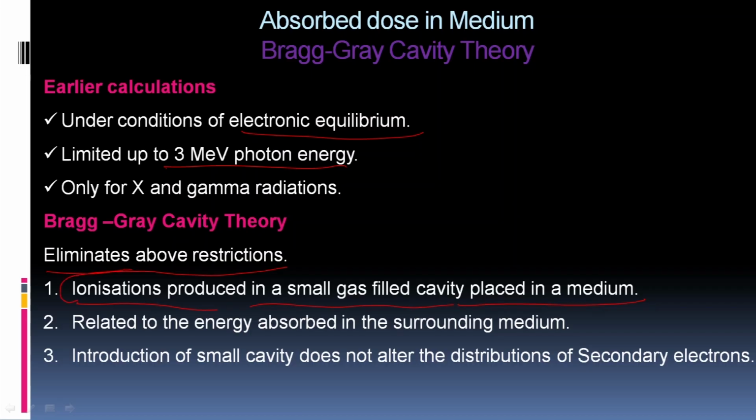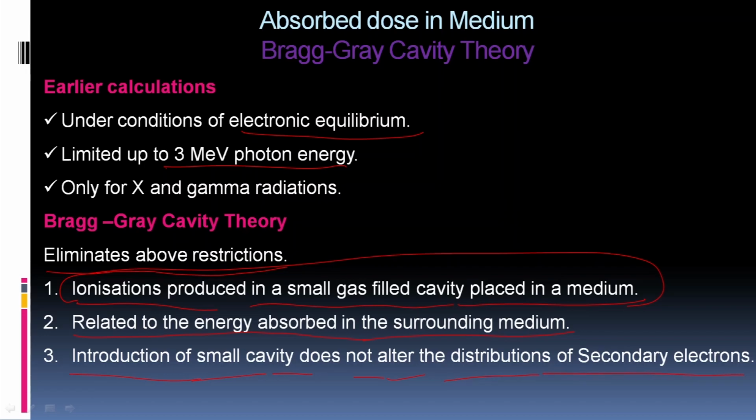This is our measurement system by ionization chamber, and we have to assume that this ionization is related to the energy absorbed in surrounding mediums, and that the introduction of a small cavity does not alter the distribution of the secondary charged particles or secondary electrons.